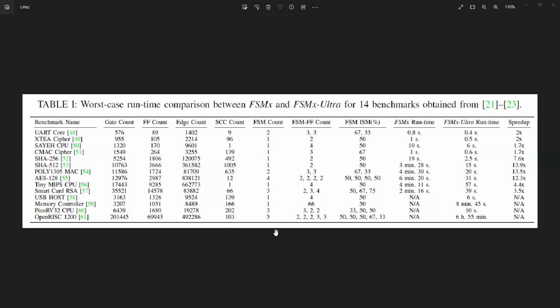And the total number of FSMs present in all of the benchmarks is shown here. You can get this information using any tool like RTL FSMx or Design Compiler or Cadence's JasperGold, whatever you want. Any RTL level analysis tool will work.